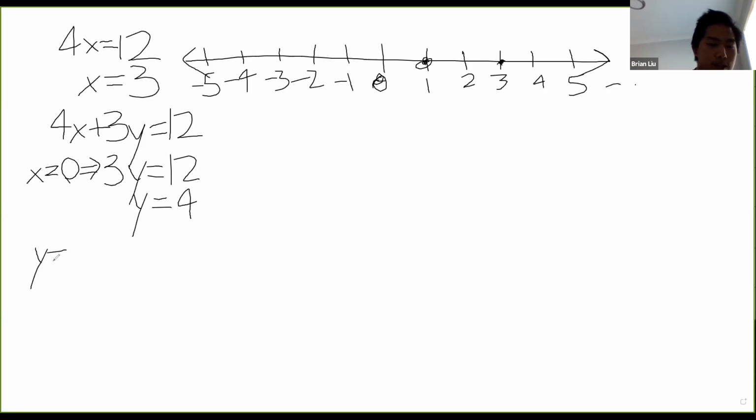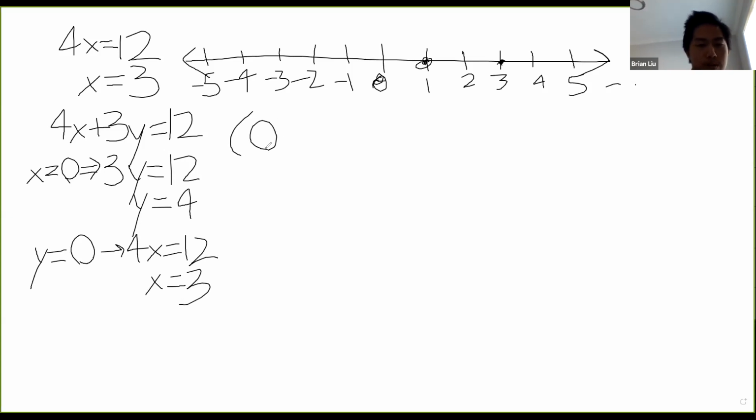So if y was 0, then 4x equals 12, and then x equals 3. So the pair (0, 4), x equals 0, y equals 4, satisfies this. And then the pair (3, 0) also satisfies this.